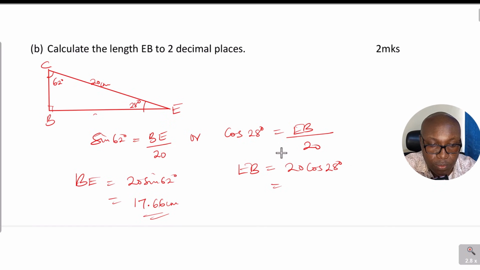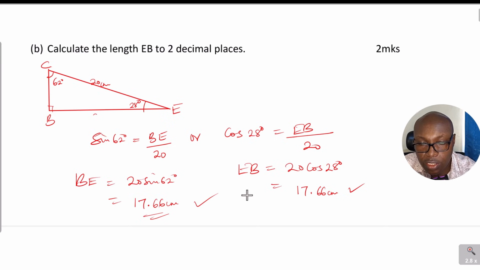Okay, I'm getting the same thing. So this one still gives 17.66 centimeters. So you can see you're getting the same answer. You can use either of the two to work it out. And that is simply how you're supposed to solve that question.